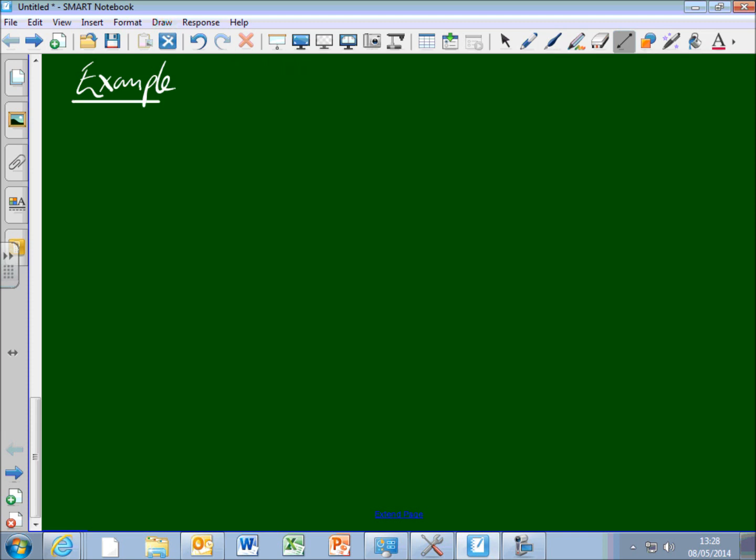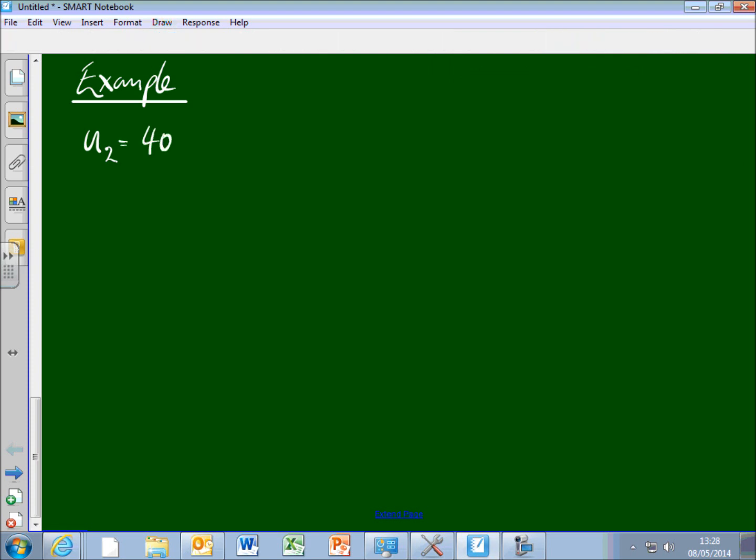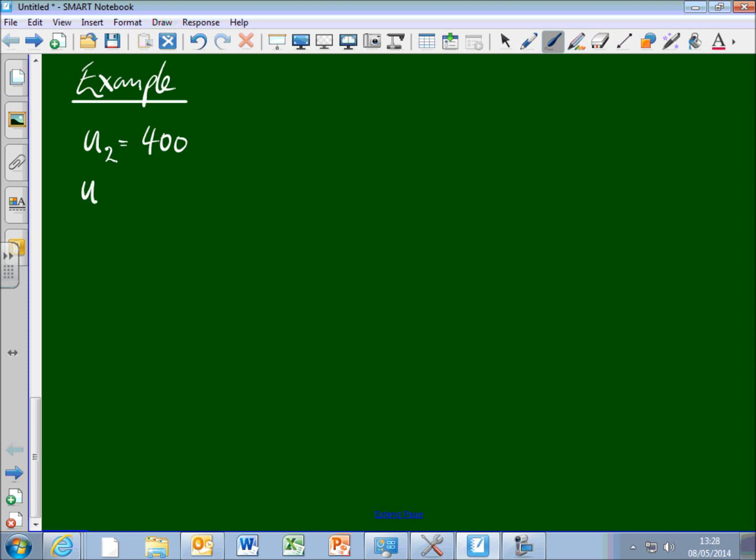I'm going to tell you that the second term in a sequence, so U2, is 400. And I'm also going to tell you that the fourth term in the sequence is 16. I would like to know what the 10th term in the sequence is. So that's the job.